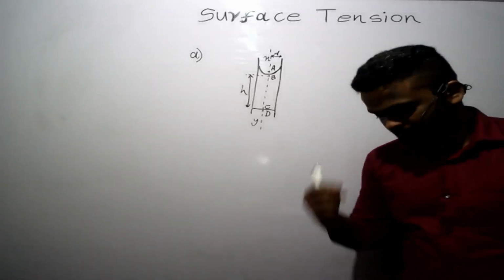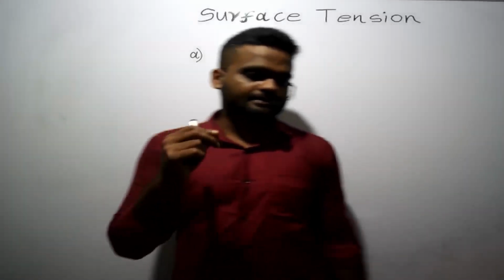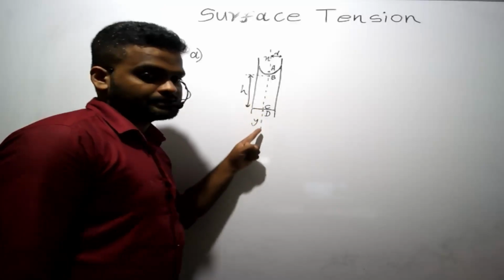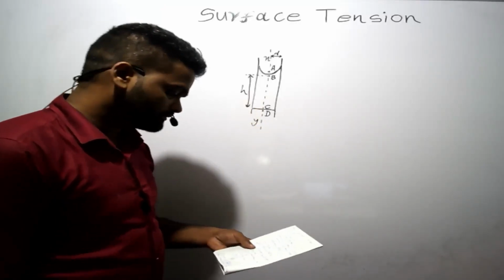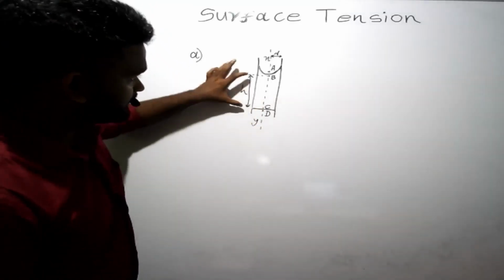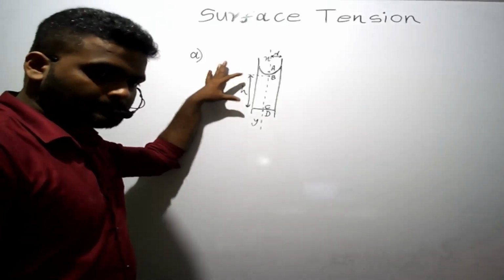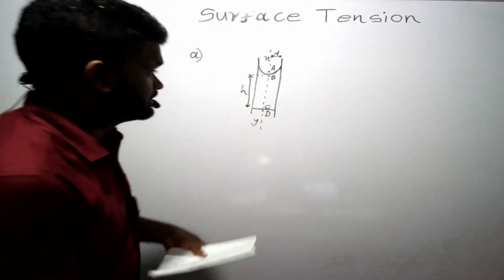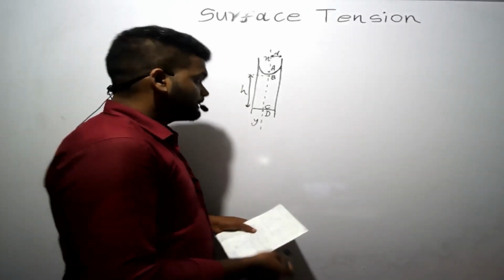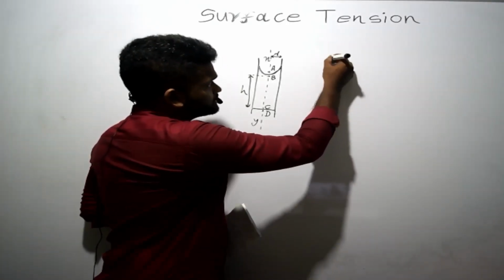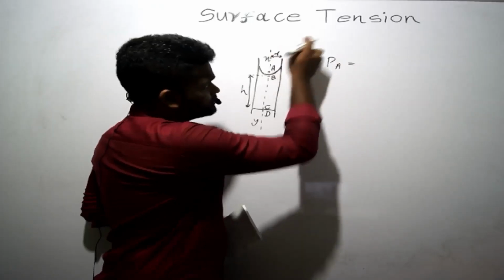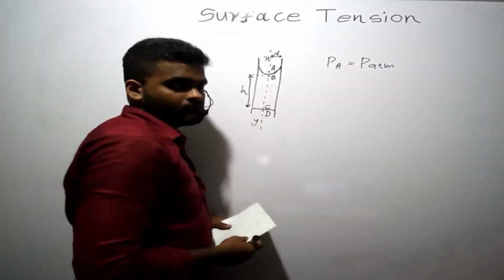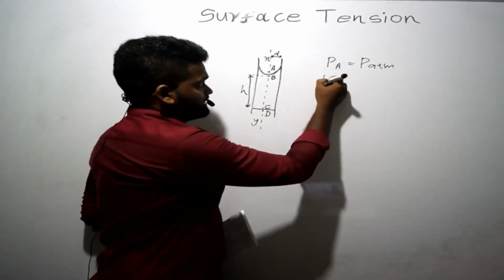So I'm going to analyze pressure along this line and derive an expression for h. It's going to be the same as before, but let's derive that. So what is PA? Open to atmosphere, so it should be P_atm. Then what should be PB?